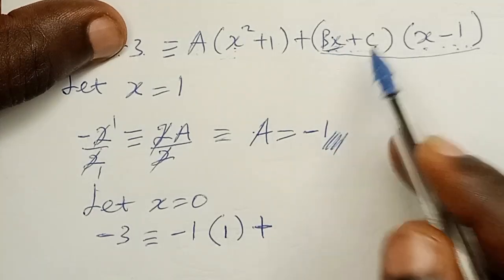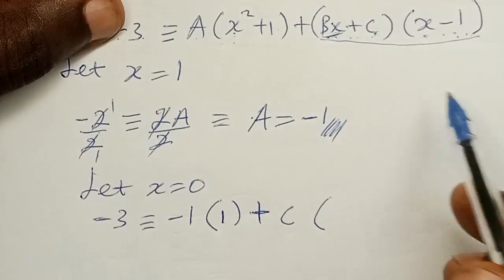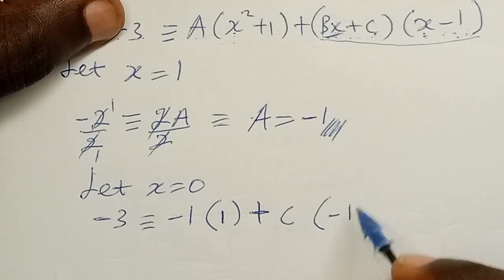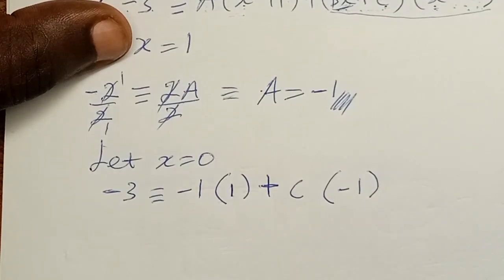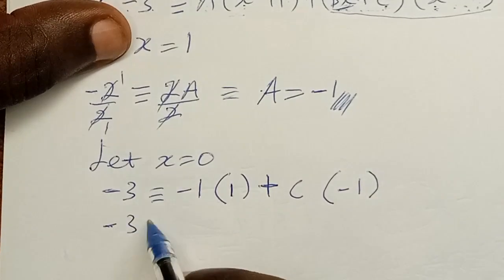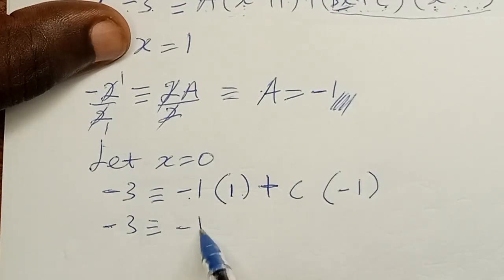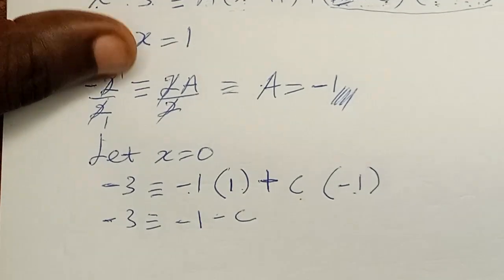Plus c times, we have 0 minus 1, which is going to give us minus 1. So we are going to have minus 3 is the same as minus 1 times 1 is minus 1 minus c, because minus 1 times c is going to give us minus c.